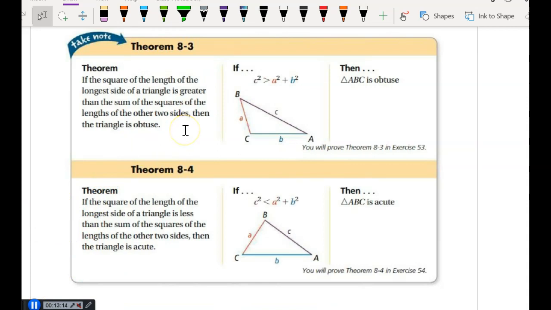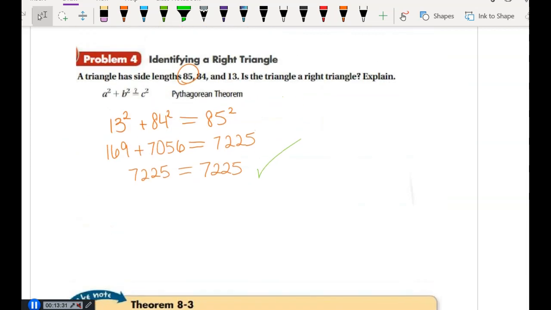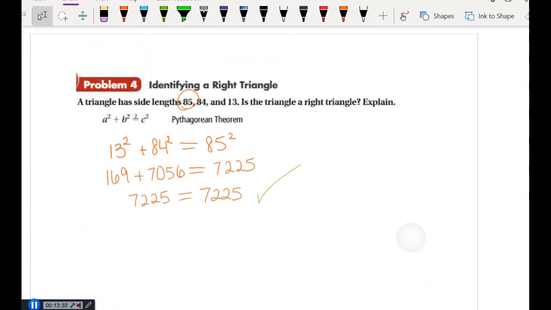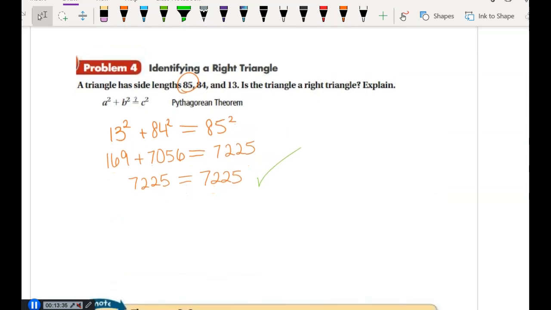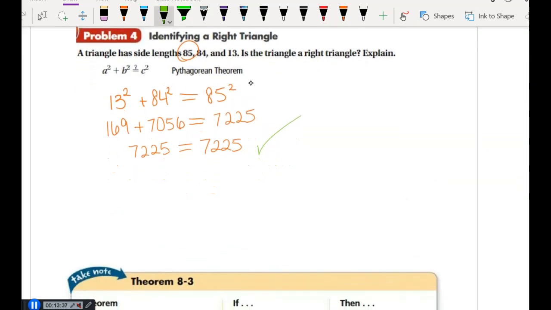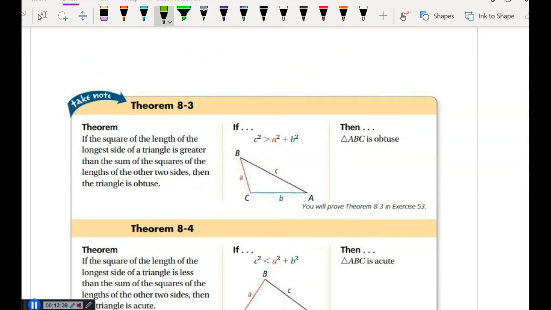So we have some uses for the Pythagorean theorem, or a version of the Pythagorean theorem, even when we don't have a right triangle. If we're trying to determine if a triangle is right or not, like we did up here, we could determine it was a right triangle because these two were equal.